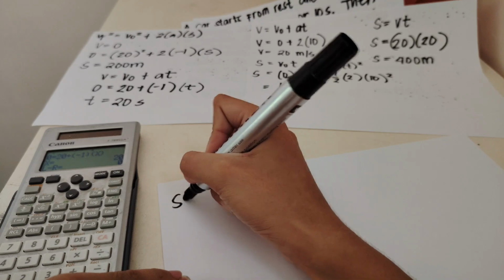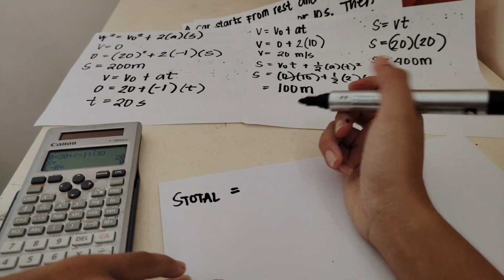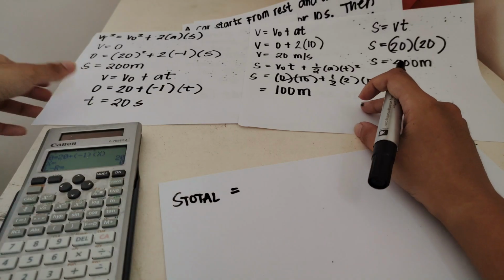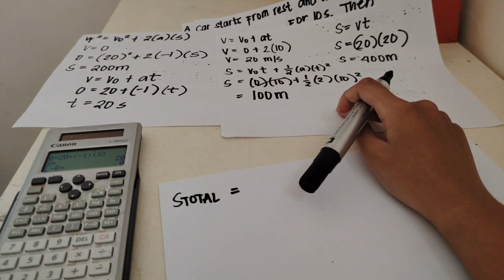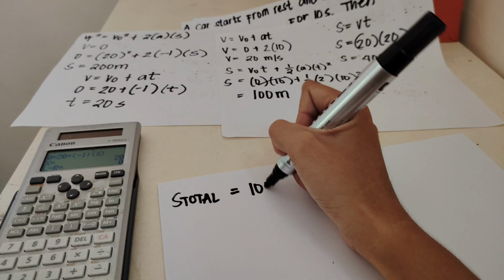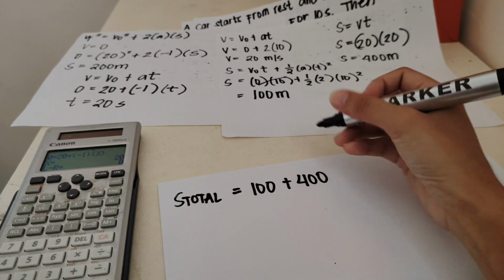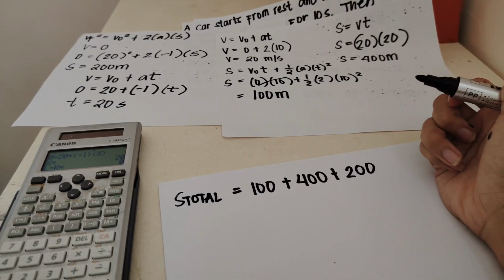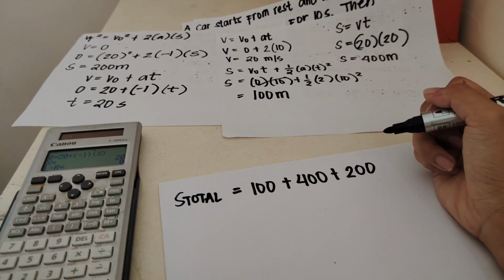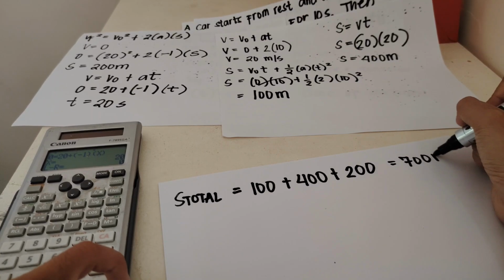So S total is equal to 100 plus 400 plus 200. So 100 plus 400 is 500, plus 200 is 700 meter.